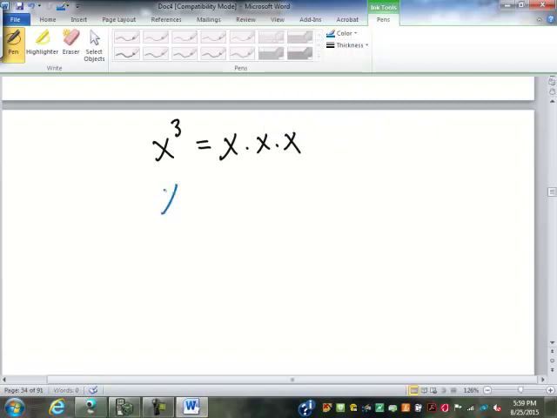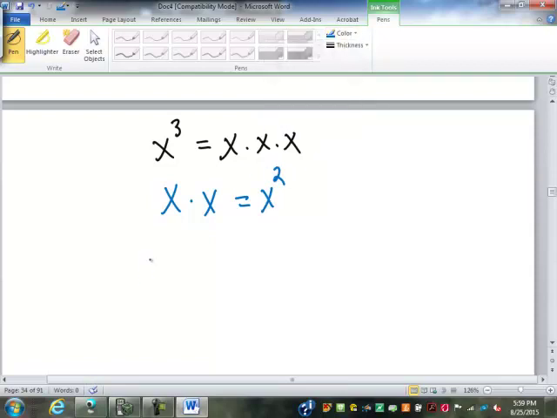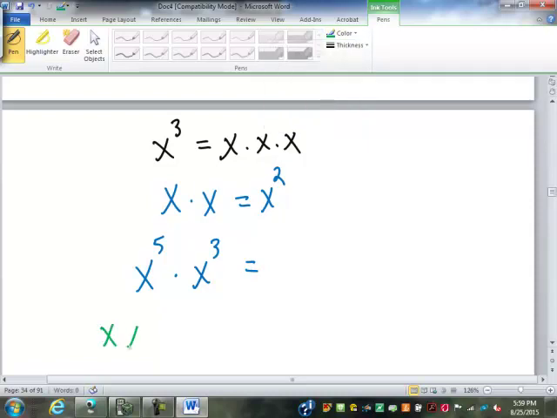We saw a little bit last week that x times x, of course, just equals x squared. But what if we have something like this? X to the fifth times x to the third. Well, x to the 5th, from what we just saw, is 5 x's multiplied together.